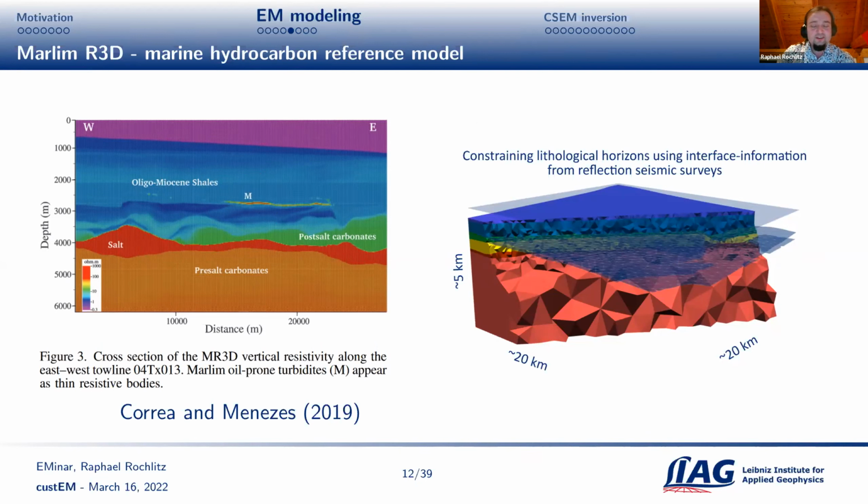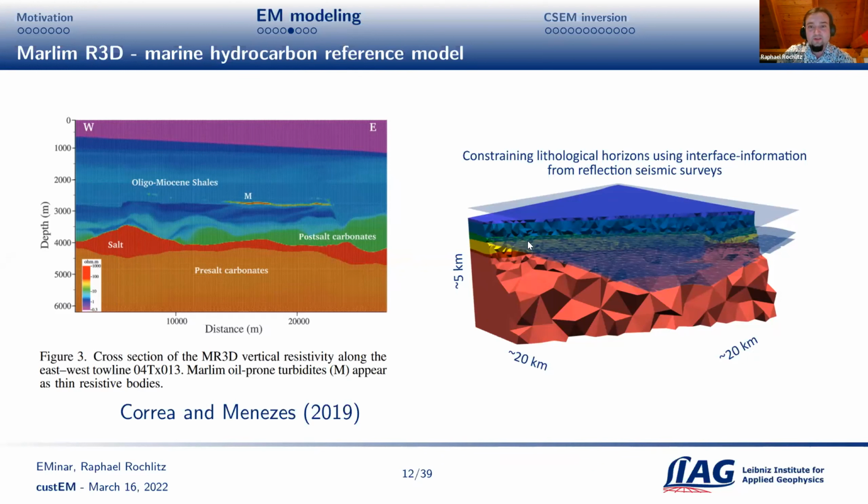And this is a bit of a tricky situation, because actually we have an irregular geometry, but the basic information we can use for our benchmarking with custEM is provided on a regular grid. So that's a bit tricky. Anyway, we have also some information from seismic data.